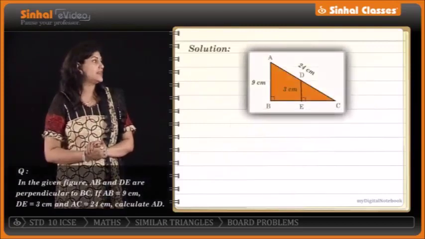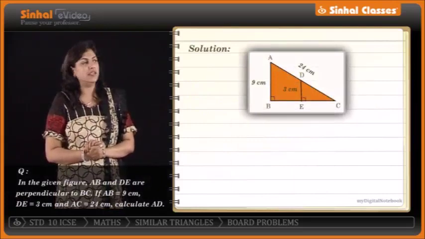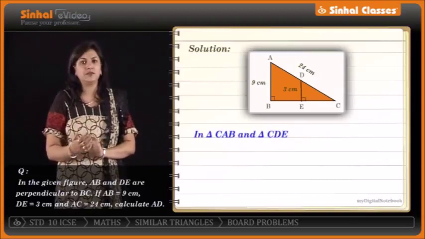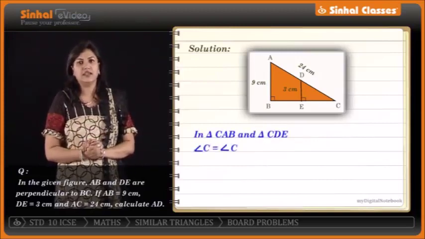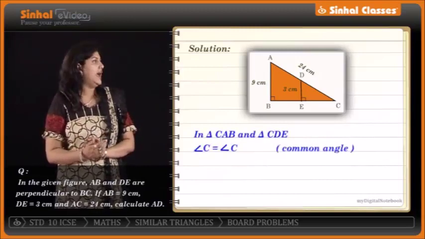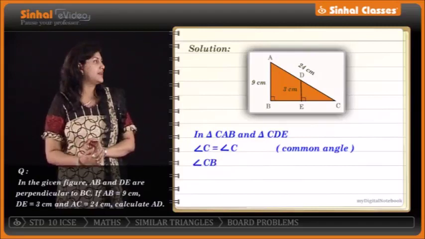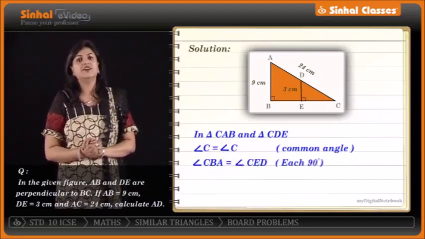Now in this case, we have two triangles, that is triangle CAB and triangle CDE. We prove them to be similar. Angle C is equal to angle C, the common angle, and angle CBA is equal to angle CED is equal to 90 degrees each. So we've got two angles equal.